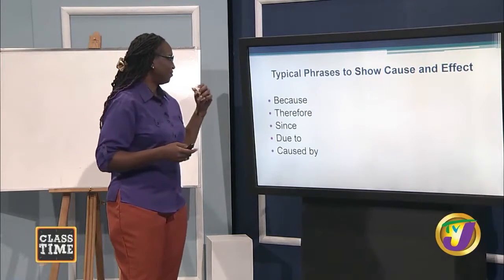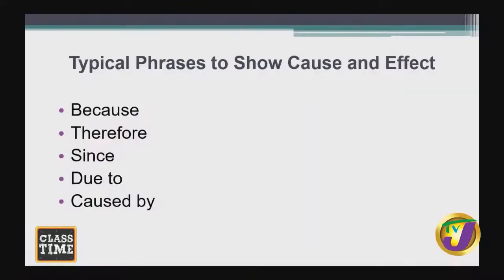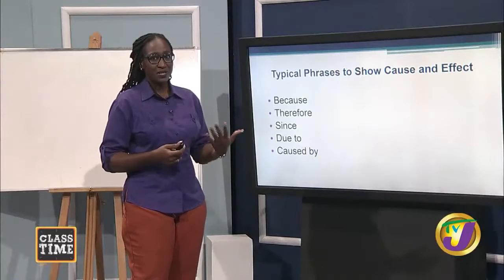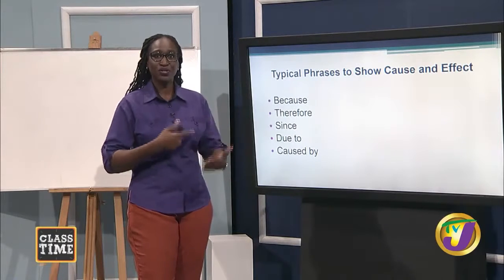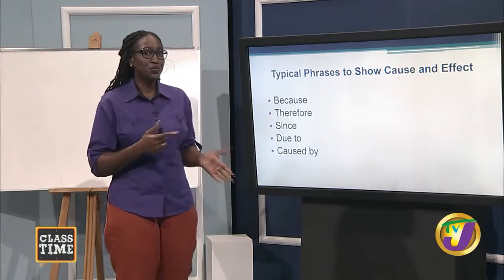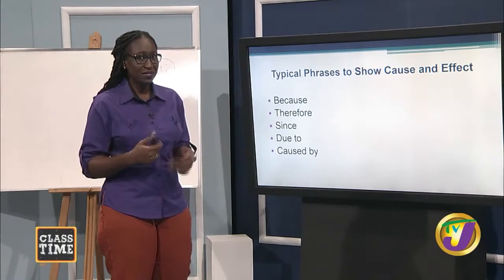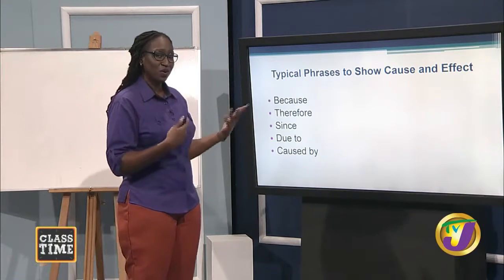So, you have because, therefore, since, due to, and caused by. And you would have heard me say another one, as a result. So those are the ones that you most typically would use, the ones that you use most constantly in your writing, in your speech. But again, the whole aim is to broaden your range. So you want to learn new terms that do the same things as these terms you have been using all along.